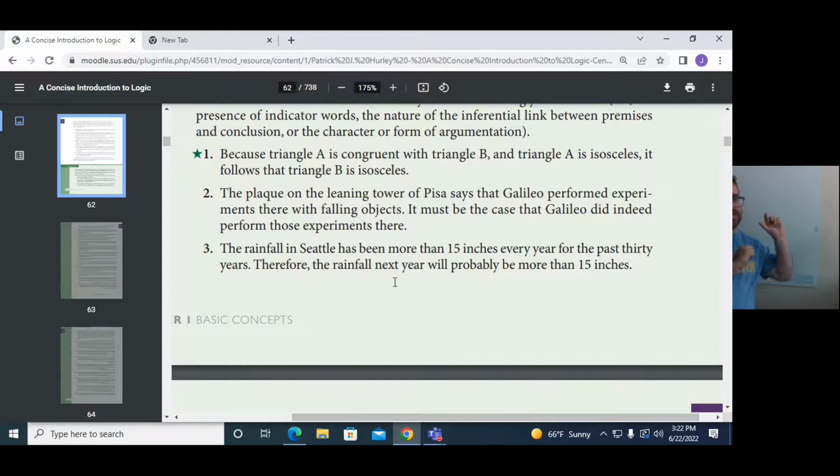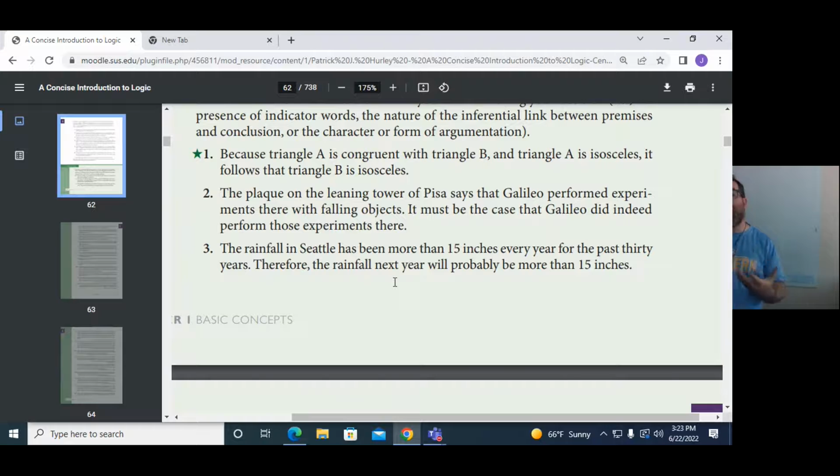Remember, deductive is reasoning by necessity, and inductive is reasoning by probability. So there are some words that might help us determine, right? They're not necessarily just like the indicators for premises and conclusions, right? So what do you think? Pause to consider.